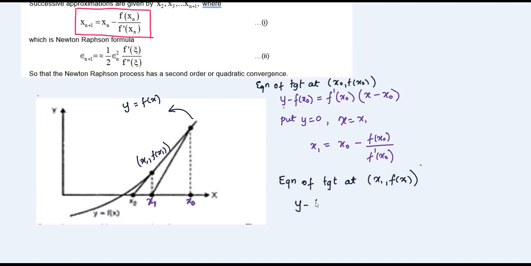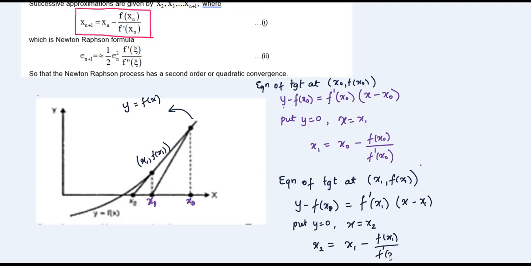So y minus f of x1 is equal to f dash of x1 into x minus x1. Now put y equal to 0 and x becomes x2, the next step. So x2 will be x1 minus f of x1 by f dash x1.